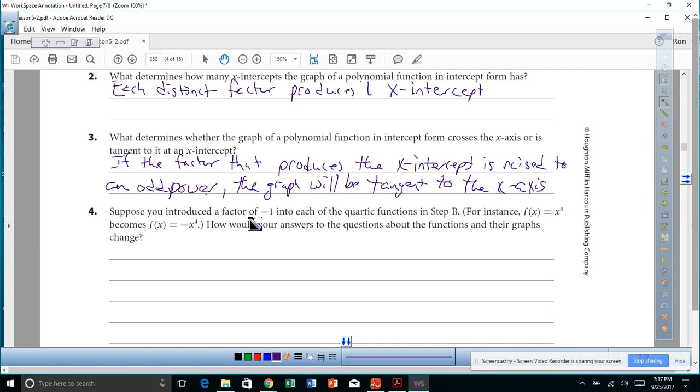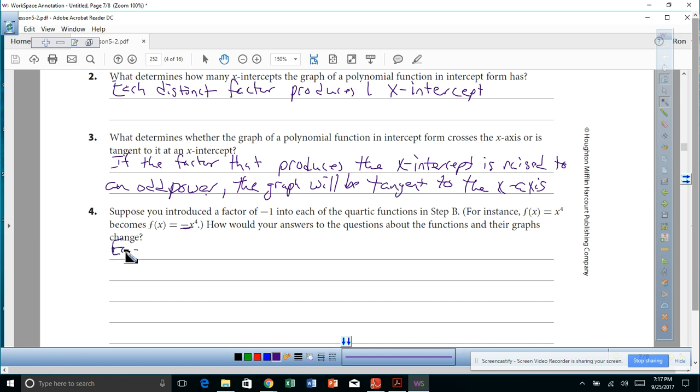Suppose you introduce a factor of -1 into each of the quartic functions in step B. For instance, f of x equals x to the fourth becomes f of x equals -x to the fourth. How would your answers to the questions about the functions in the graph change?